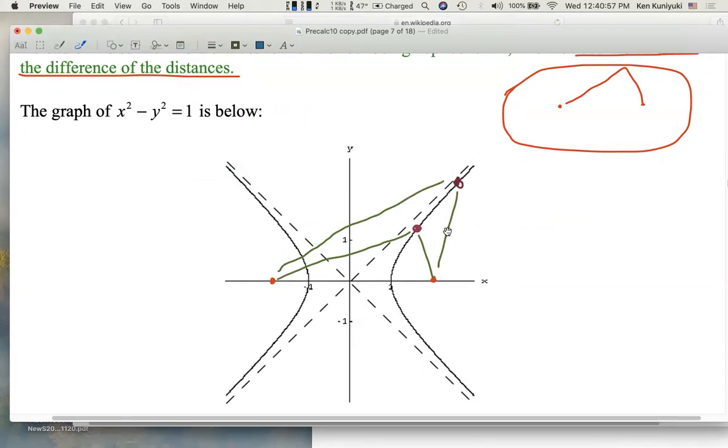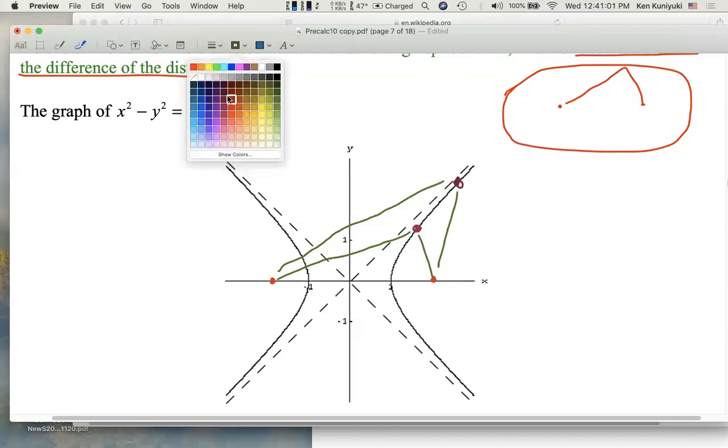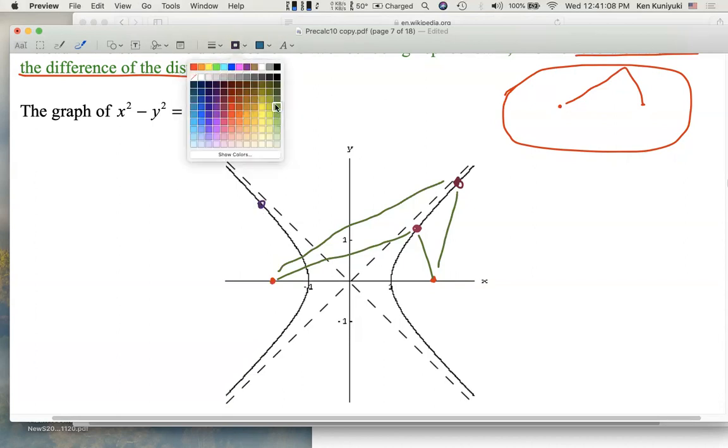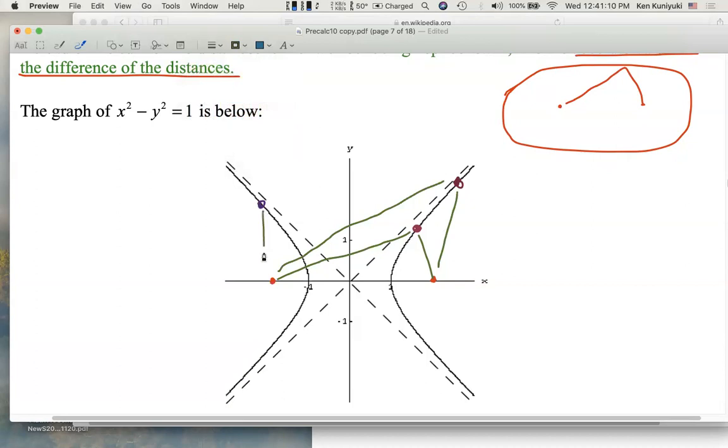We talk about absolute value because if you consider, for example, this point over here, it's closer to this focus, and its distance from the other focus is over here. But again, the absolute value of the difference of the distances will stay the same.